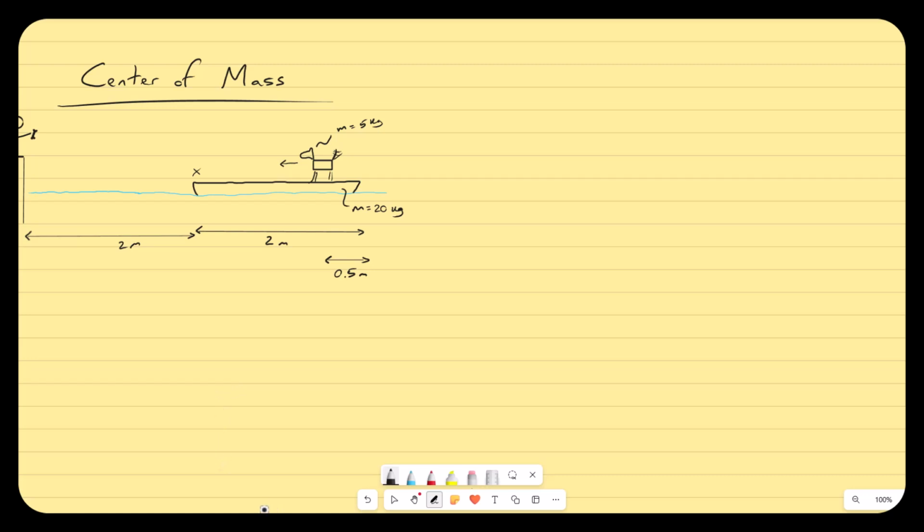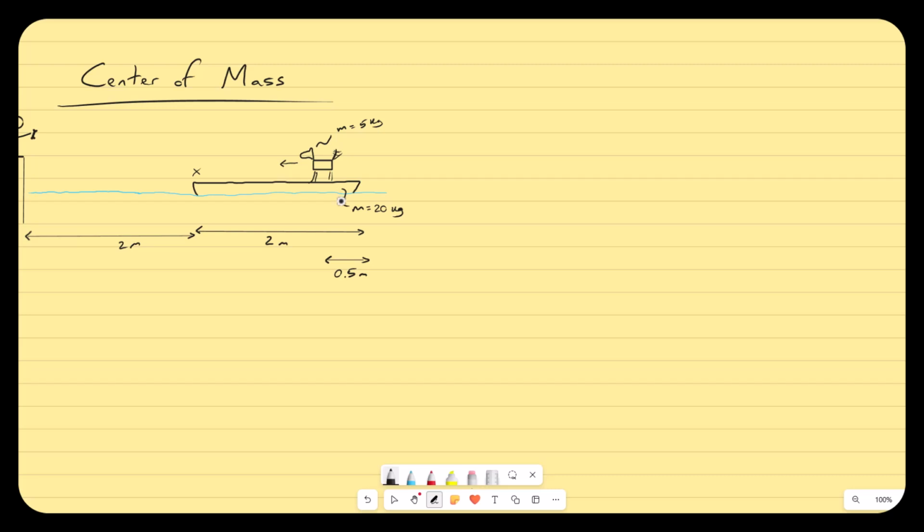And let's figure this out. This is a center of mass problem. Now the way that I know for sure that this is a center of mass problem, other than that I've done these before, is this dog on a boat is a closed system. There's nothing else going on. So when the dog moves, it'll exert a force on the boat, the boat will exert a force on the dog, but there's nothing external exerting a force on the whole system.